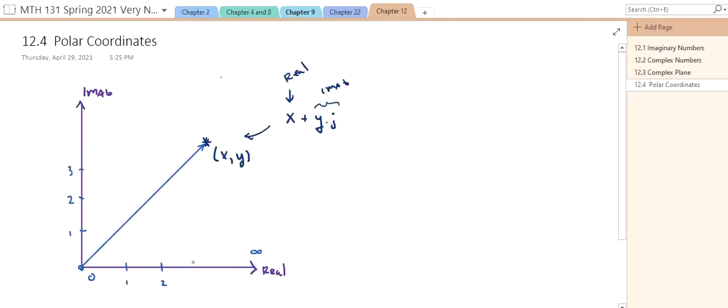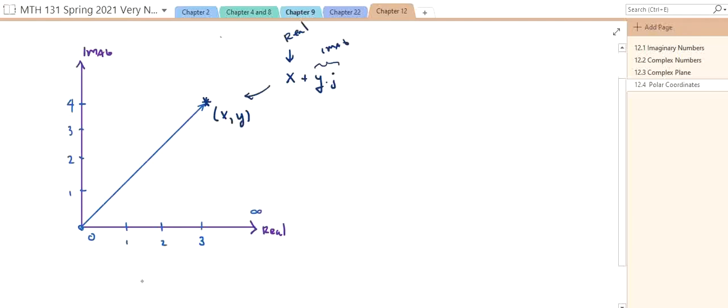Well, this point up here has an x value associated with it of 3, right? So here, x equals 3, and y equals 4.